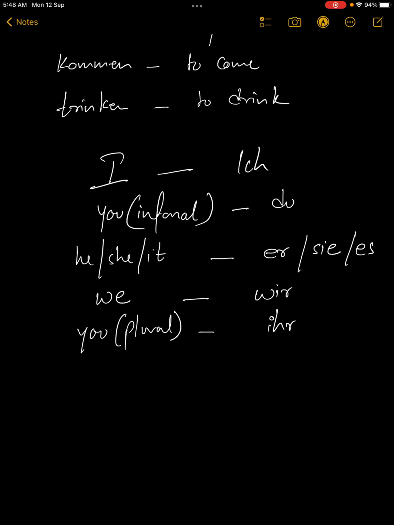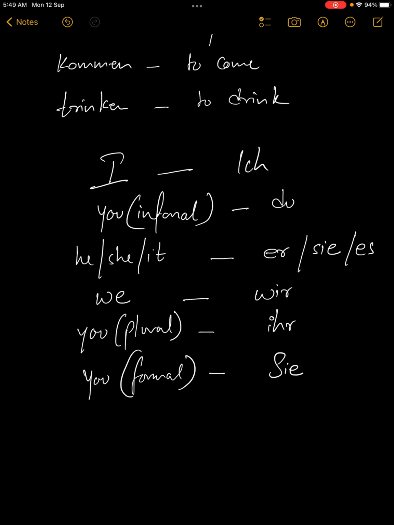Then you have you formal, the very formal form. Now this could be used as a singular as well as a plural form. It's sie, but this time with a capital S. Now take that in mind. If you write a small s, it could mean something else. Capital S is the formal you. Small s, which we have written earlier, is she.